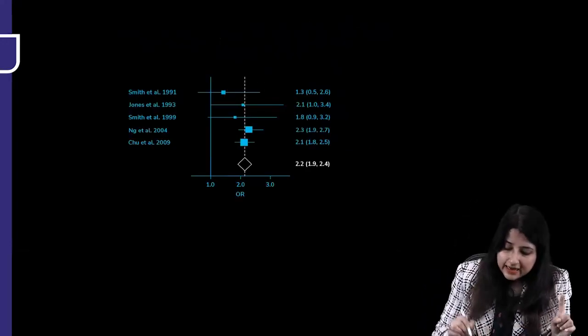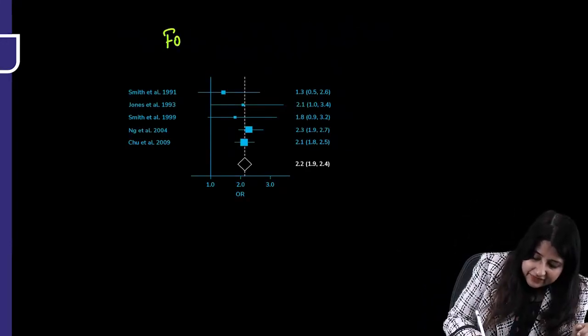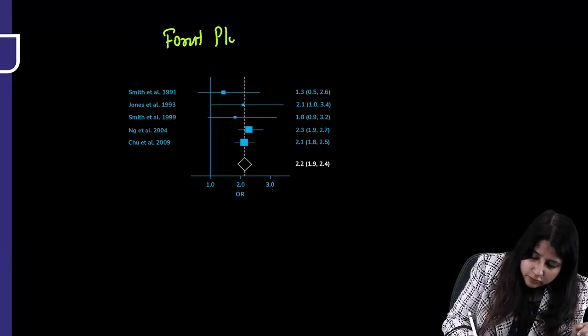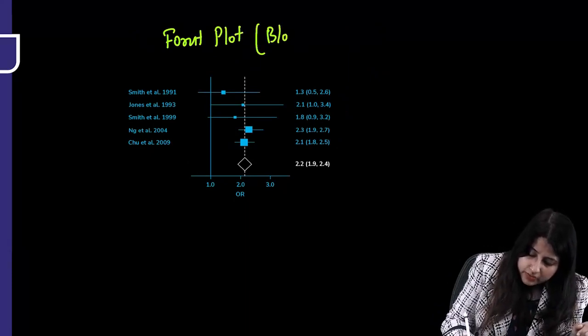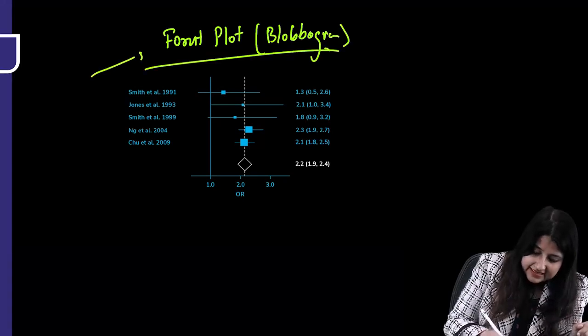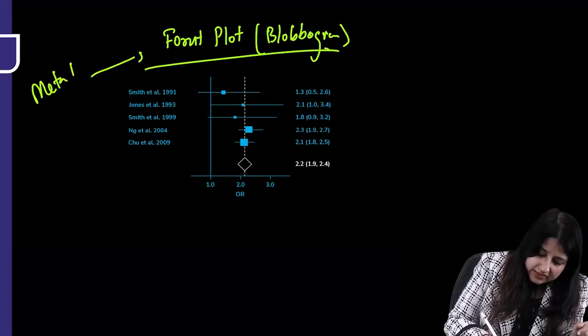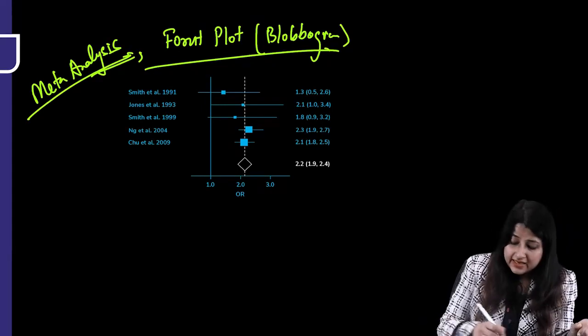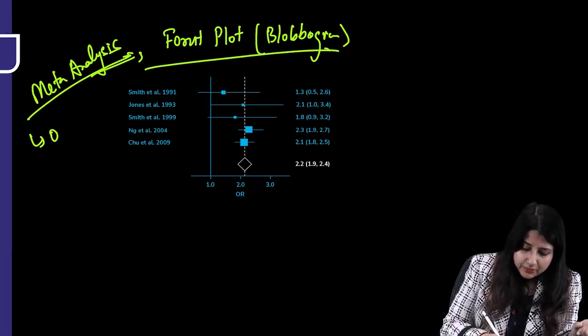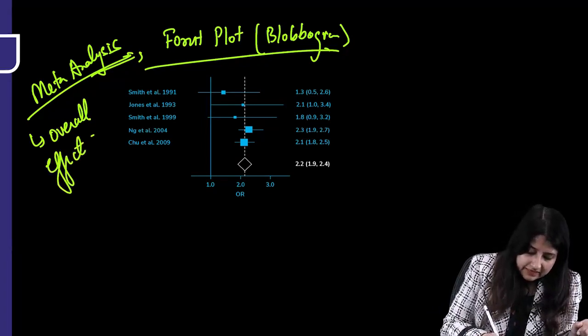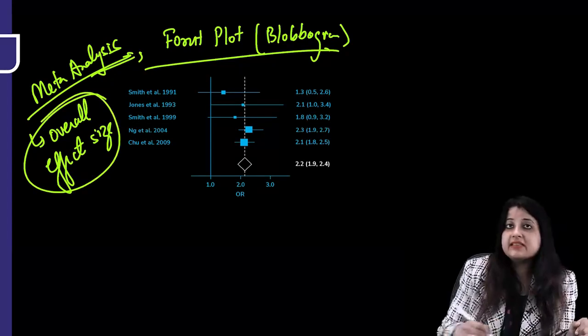And most important image identification: this is what? A forest plot. This is also known as a blobogram. And where do you draw this, guys? This is only constructed for a meta-analysis. And this is providing us the overall effect size.